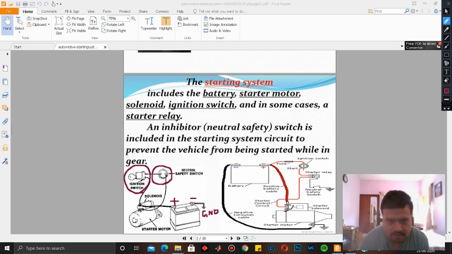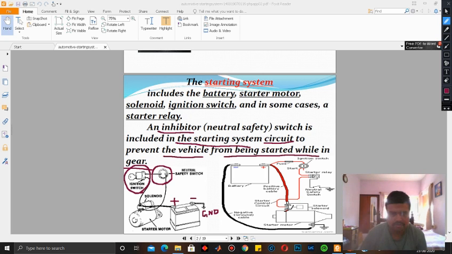So what is the purpose of the neutral safety switch? It is also known as an inhibitor switch, which is included in the starting system circuit to prevent the vehicle from being started while in gear.